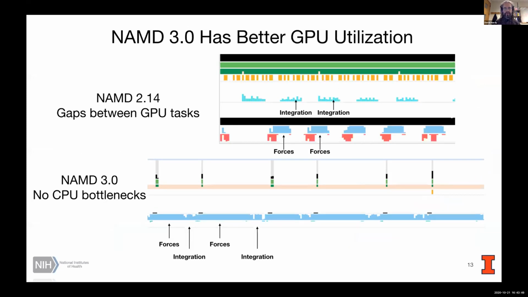And so this development has led to better GPU utilization. And so now if we compare to the NAMD 2.14 profiling, where we see the gaps between the GPU tasks, in NAMD 3, we don't see these gaps anymore. We don't have the same CPU bottlenecks that we used to have.